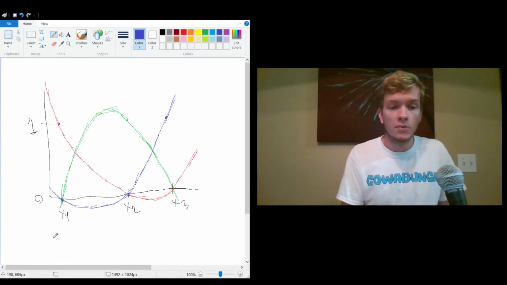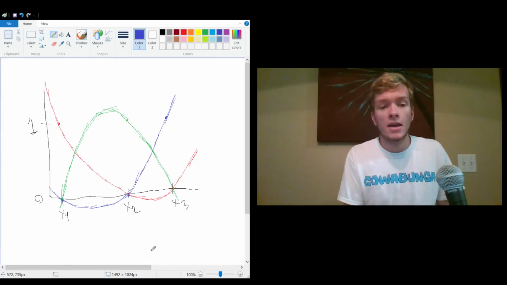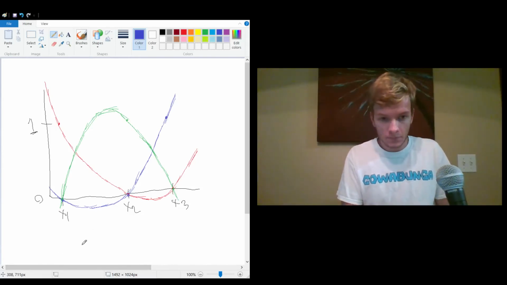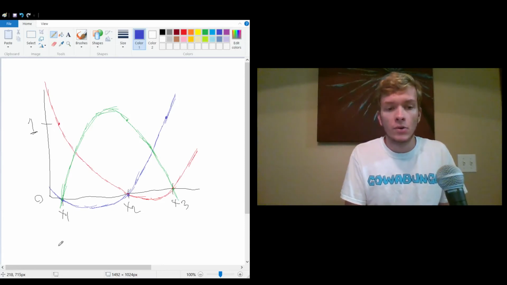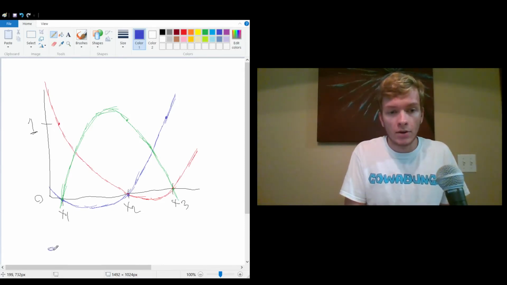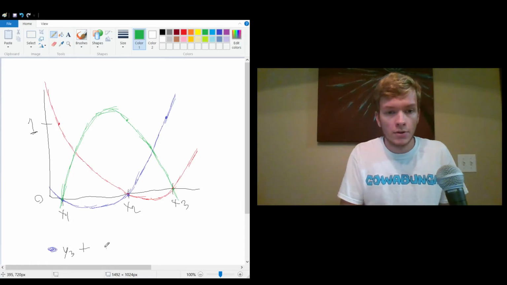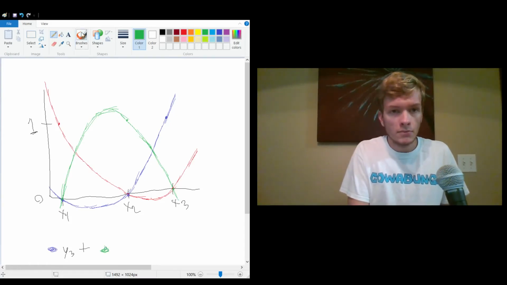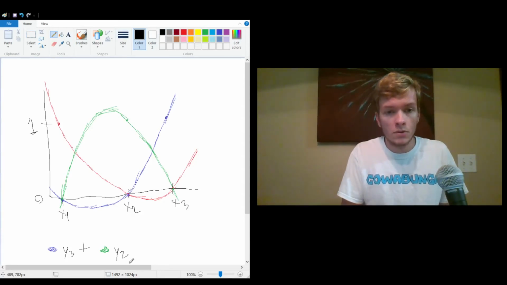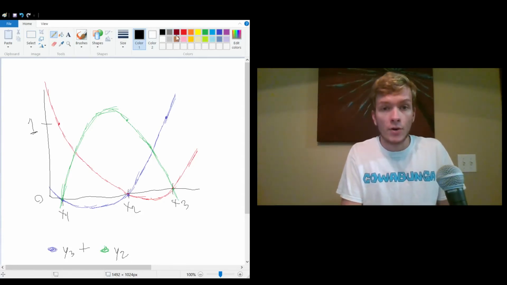But as we said before, they are being added together in a linear style. So we'll have our blue one times our y3, plus our green one times y2, and then we'll have our red one.